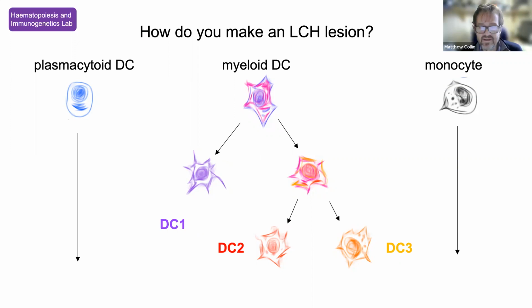We don't need to spend too much time on the details of this, but there are many different types of white cells, and there are even different types of this rare cell called a dendritic cell that's related to the formation of histiocytosis. What we looked at are these red cells, DC2, these orange cells, DC3, and the monocytes, which are shown in black. And it seems like all three of these cells can contribute to forming an LCH lesion.